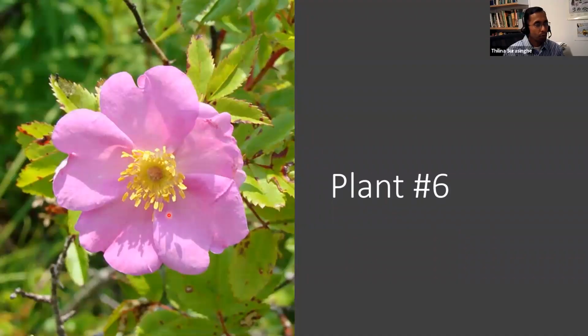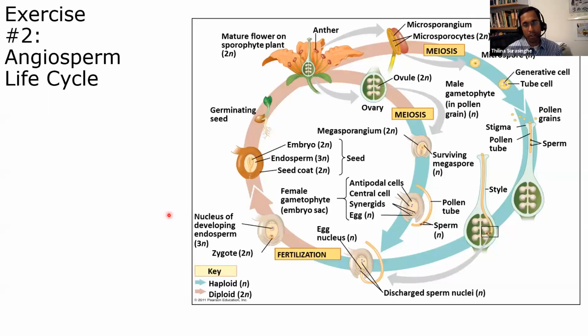Let's go to the next exercise, which is understanding the life cycle. I will go over the life cycle and we'll go over smaller parts in the subsequent exercise activities. So let's start with the flower. This flower has both male and female reproductive systems. Now remember, there are certain types of angiosperms that produce separate male flowers and separate female flowers.